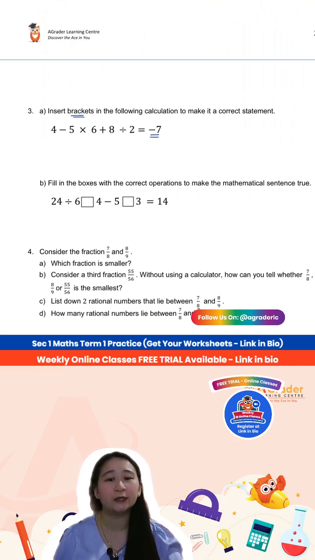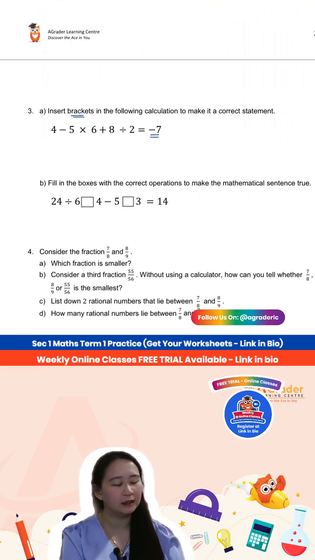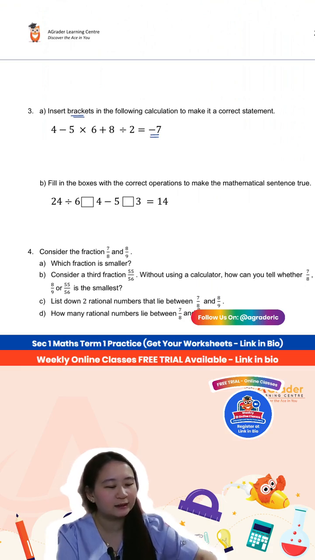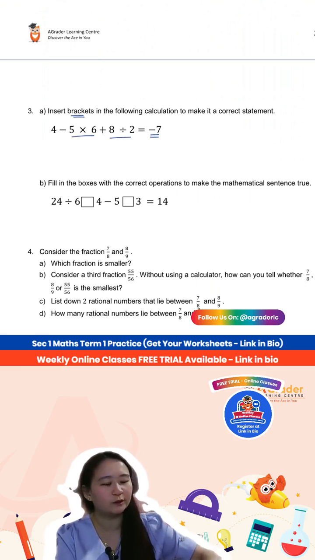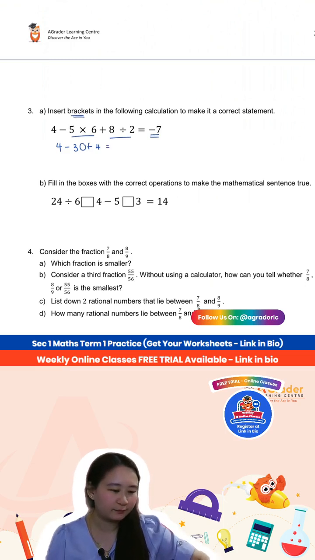So usually brackets will be inserted at areas whereby you don't deal with it first. Let's say there's no brackets here. You'll be dealing with this 2 first. So you will have 4 minus 30 plus 4. So you will get 4 minus 30, negative 26 plus 4, negative 22, which is incorrect.